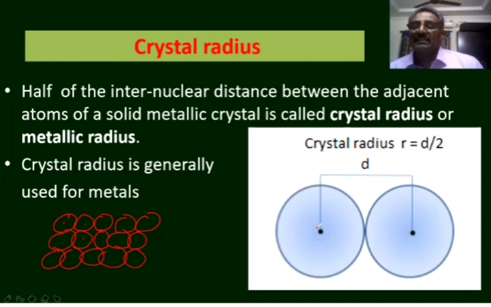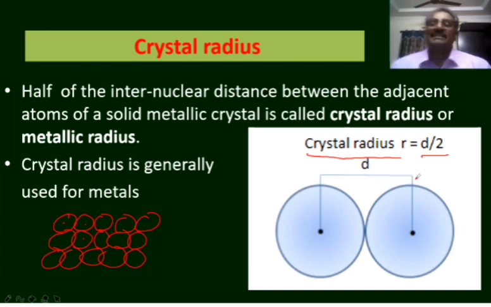These are the nuclei of those two metallic atoms, and the distance between them is d. Then the crystal radius is half of this distance. That is, crystal radius R is equal to d by 2. So how is the crystal radius defined? Half of the internuclear distance between the adjacent atoms of a solid metallic crystal is called the crystal radius or metallic radius, as this crystal radius is mainly used for metals.